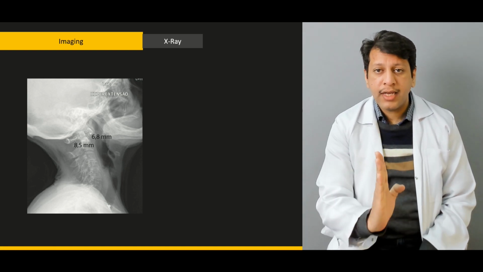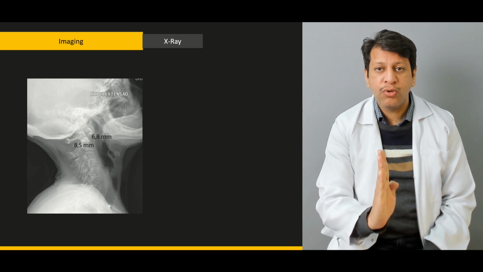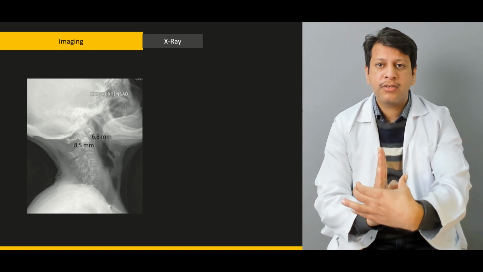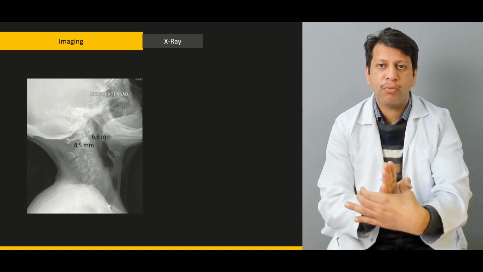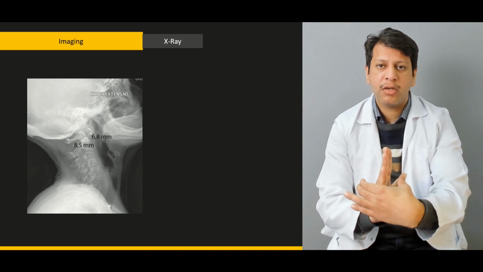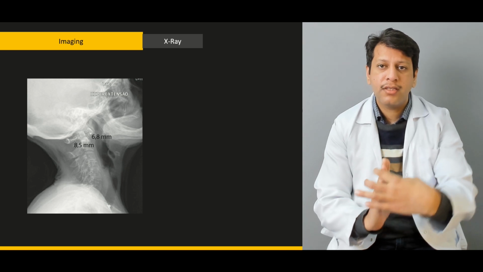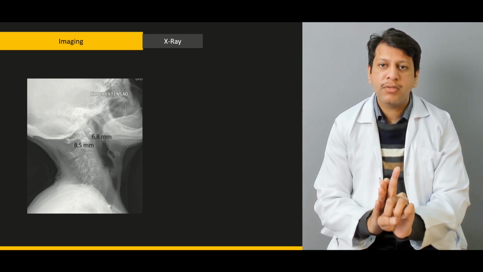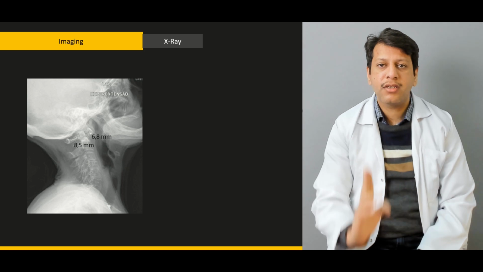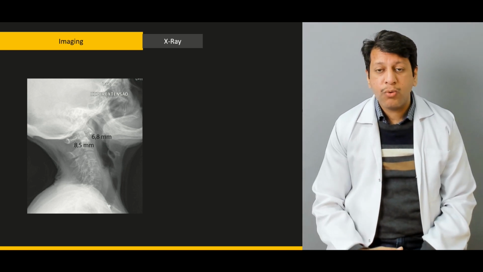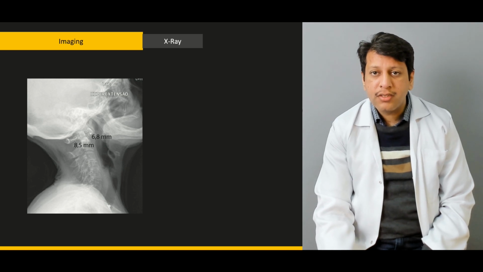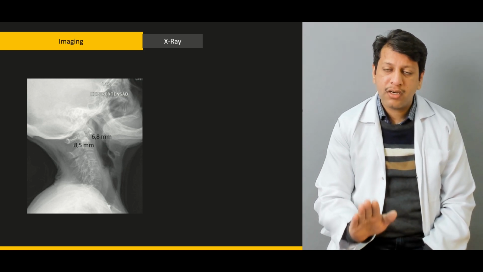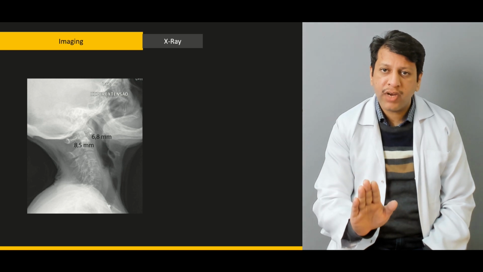Why? Because the dens of the C2 is held by the transverse ligament lying like this, and when the atlas rotates, it does not go forward because there's a transverse ligament. If this ruptures, then there are two alar ligaments which are present over there as well, and then there is a single apical ligament as well. But once the transverse ligament ruptures or is attenuated, this leads to initial subluxation, and the ADI may be more than 3.5 mm.